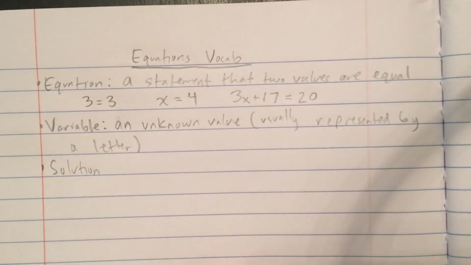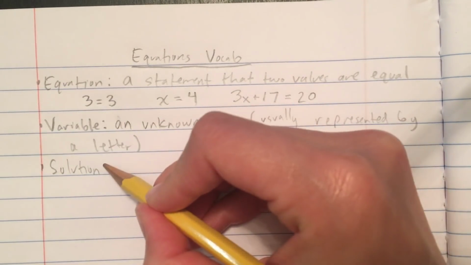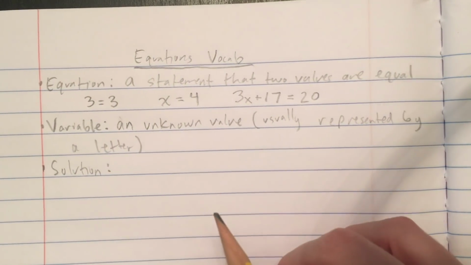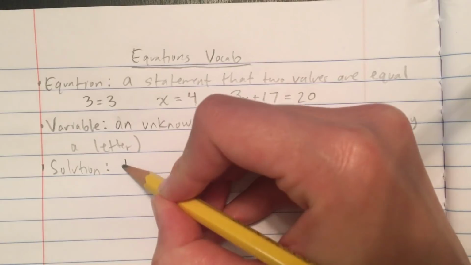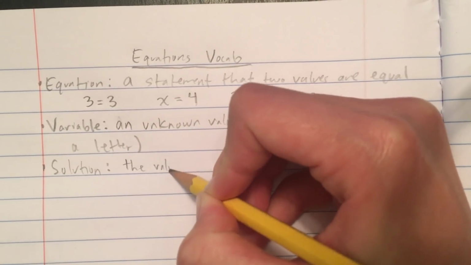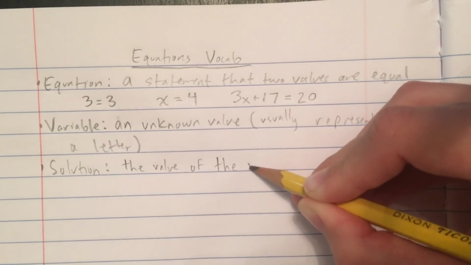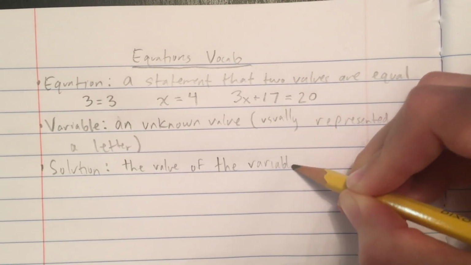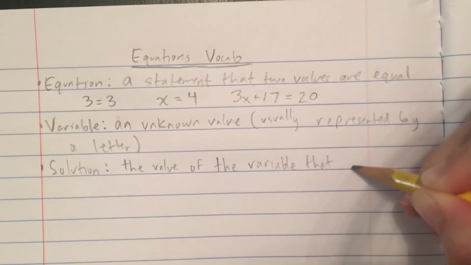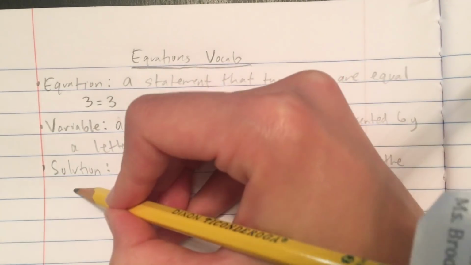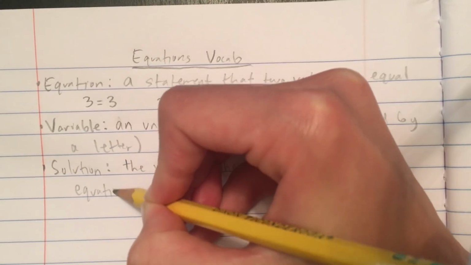And then finally, we need to know what a solution is, because we're going to be asked to solve. So solve means to find the solution. And so the solution is the value of the variable that makes the equation true.